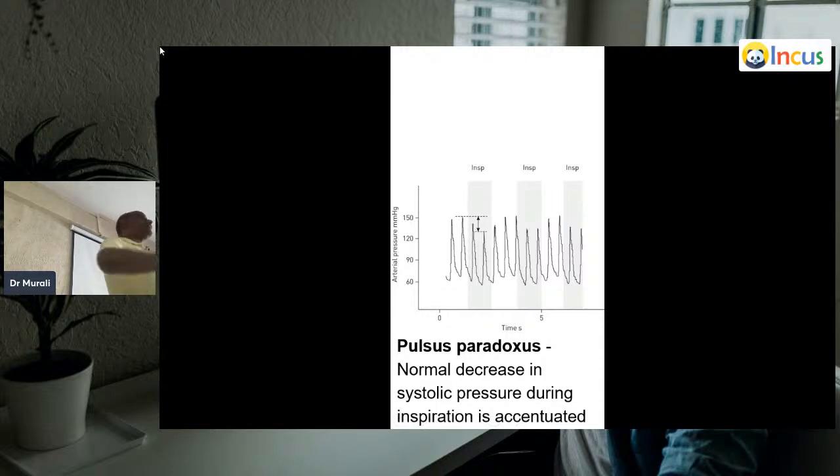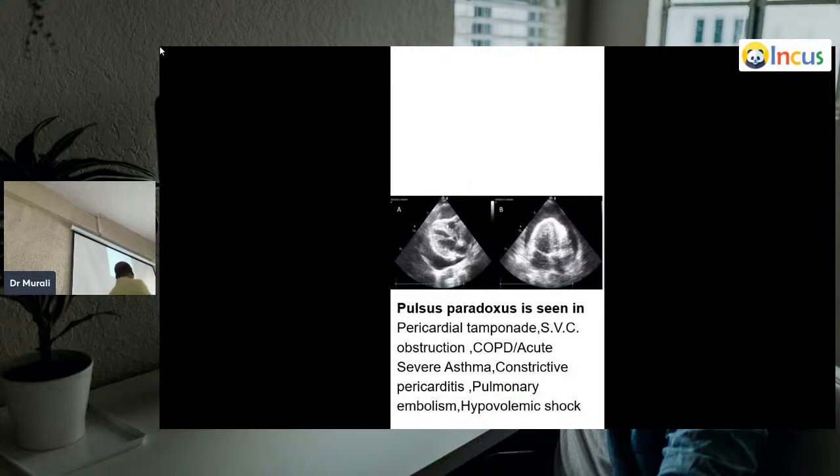That is the reason it is called pulsus paradoxus. It is opposite to what happens normally, right? So normally only during inspiration there is a fall of the pulse pressure, but more so if there is a cardiac tamponade, the pulse becomes absent, and what you listen to is only the heartbeat, and that is the reason it is called pulsus paradoxus. So where do you see pulsus paradoxus is the favorite question of the examiner.